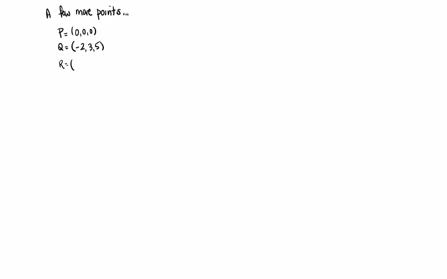R will be say 0, -4, -1. S could be say 6, 1, -1. To keep us from having to do too many pictures, I'll draw all of them together on one set of axes.